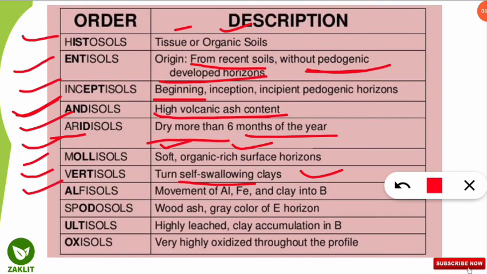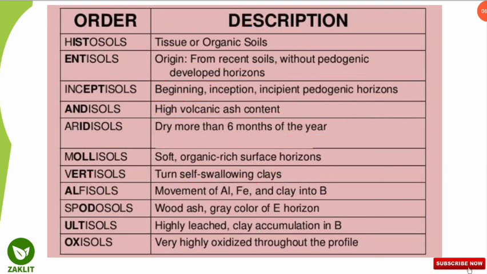Next, coming to the alfisols. The word alfisol means aluminium and ferrous, that is, they have iron and aluminium content and clay in the B horizon, that is alfisols. Next is spodosols. Spodosols have wood ash, they are gray in color in the E horizon.